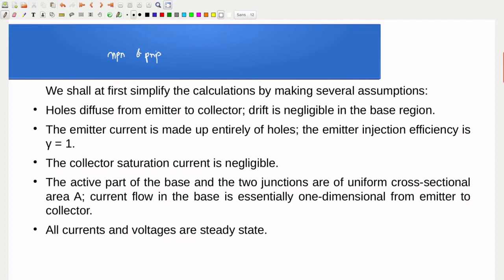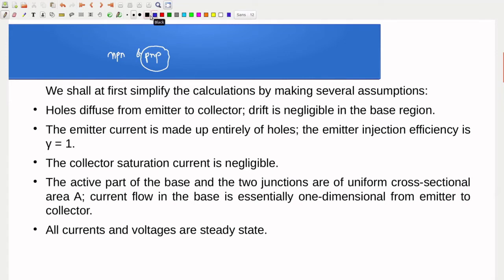As is our convention, we will select one type of transistor and do the derivation for that particular type, which can be related or adjusted for the expression for the other type. So in this video we will be making use of the PNP type of transistor.